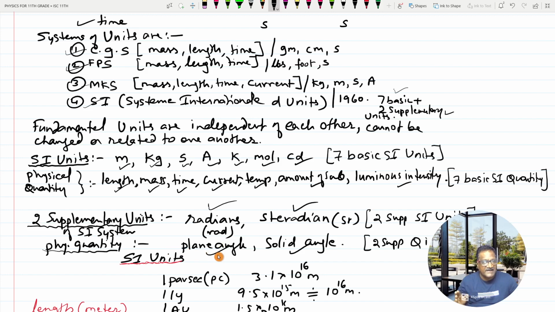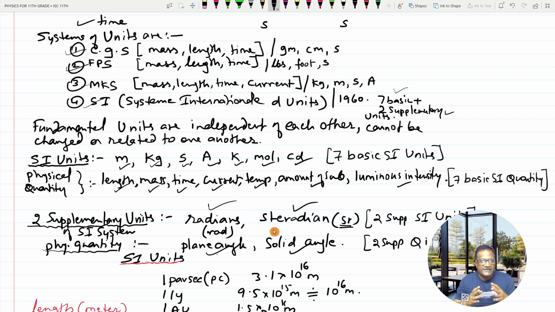The unit for plane angle is radian and the unit for solid angle is steradian. Steradian is in short written as sr and radian in short is written as rad. So that is about the SI system with 7 basic units and 2 supplementary units.